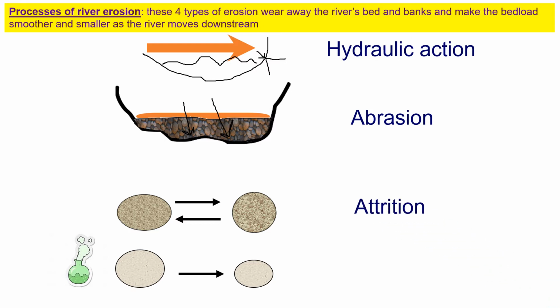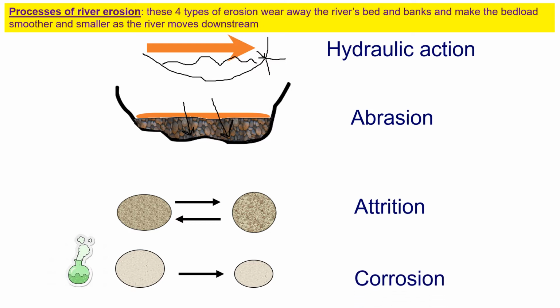The next one is attrition. Now attrition is when stones bash against each other. And what happens then is they become smoother and they become smaller. Okay, so the rocks start off quite large, quite jagged at the start of the river, and by the end of the river, they're quite a nice, smooth shape because they've been bashing against each other. That's called attrition.